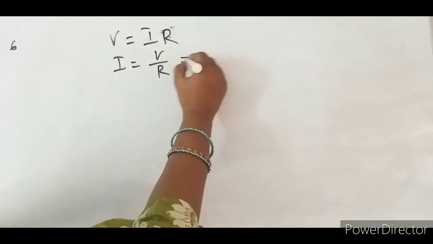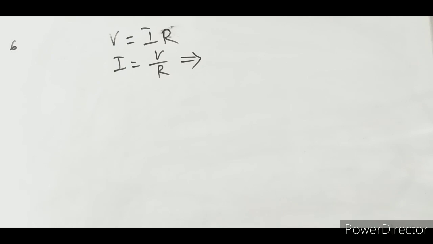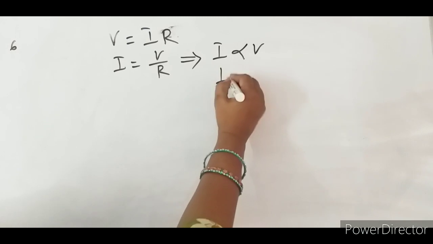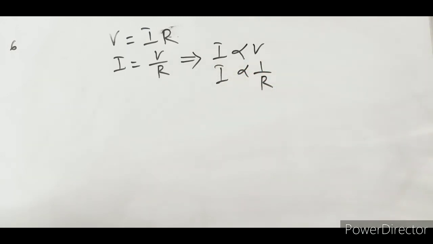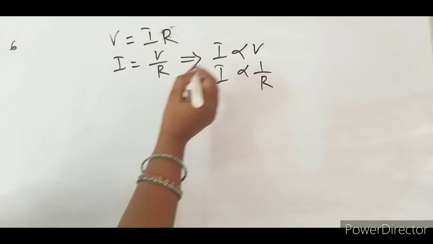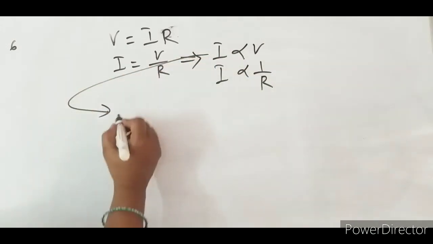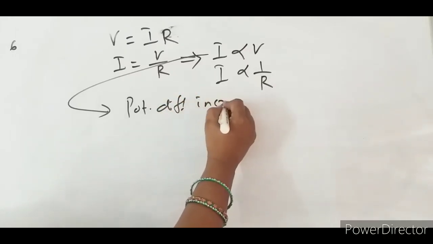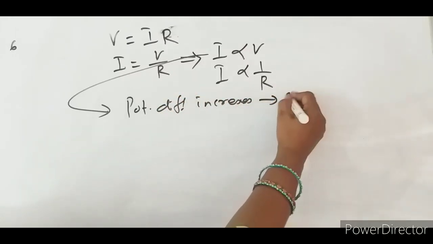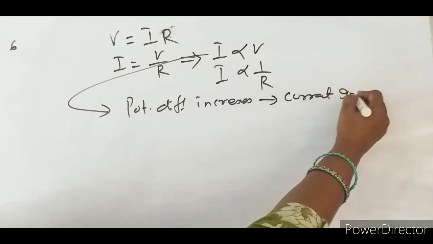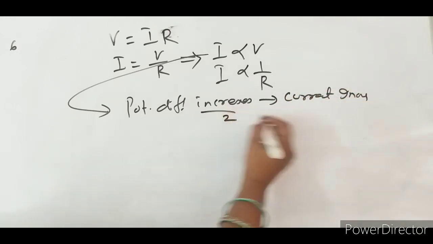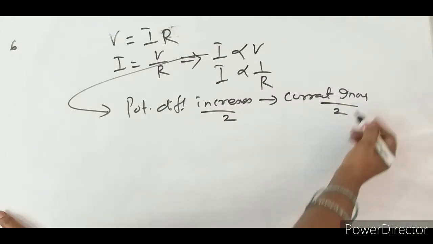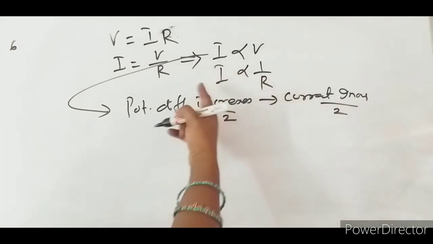So what is the purpose of writing this? It represents that I is directly proportional to V and I is inversely proportional to R. The meaning of this statement is that if potential difference increases, then current increases. If it increases by 2 times, current also increases by 2 times. Then what is the relation between I and R?